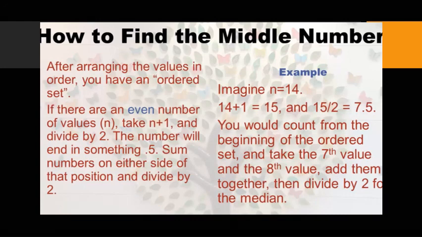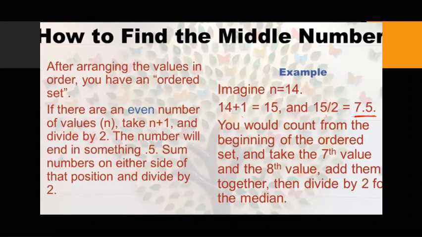Now, how do we find the middle number, or the median, if you have an even number of values? Well, you're using the exact same formula. In this situation, spoiler alert, same exact formula. You're going to take n, add 1, and then divide it by 2. And whatever this value is, there's a little bit more work after this.